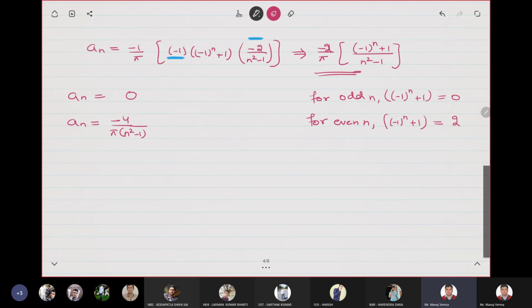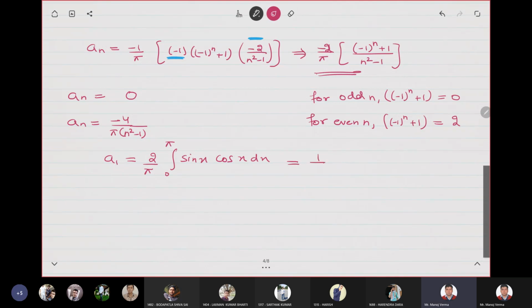So we will manually calculate the value of a1. In the first integral, if I insert n is equal to 1, it will become 0 to pi sin x cos x. Instead of cos nx, I am just writing cos x, and this integral I have to solve to get the value of a1.